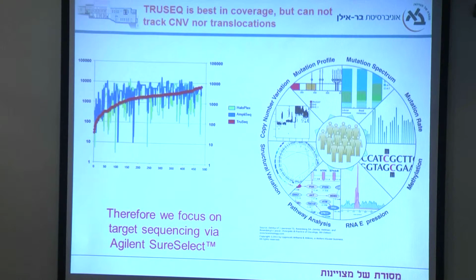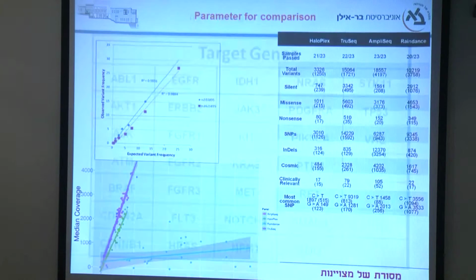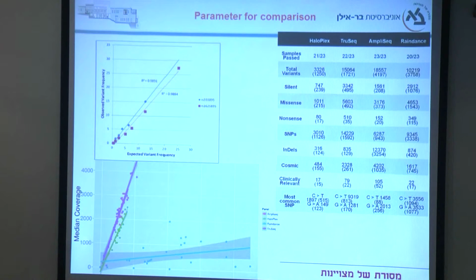So that's a problem when the edge of the sequence is always the same base. You can't be sure whether this is an amplification bias or a true amplification in the genome. So, okay, so you choose your genes of interest, and then you try to qualify it.